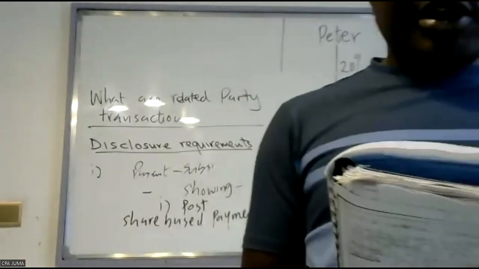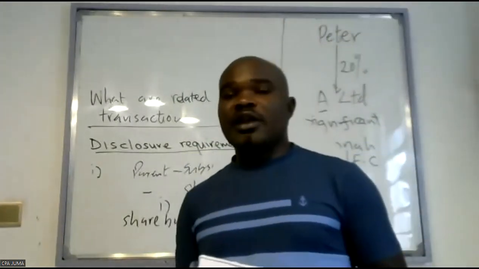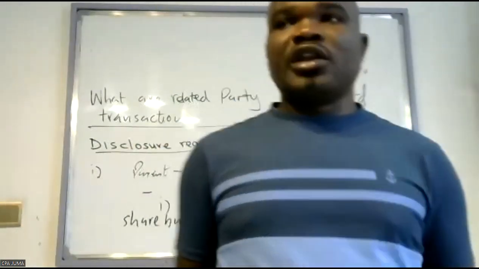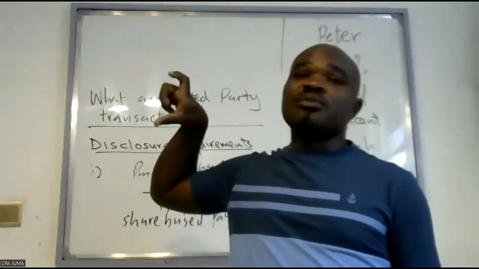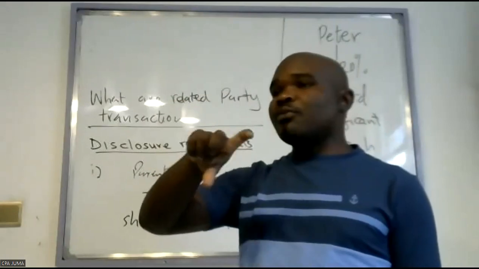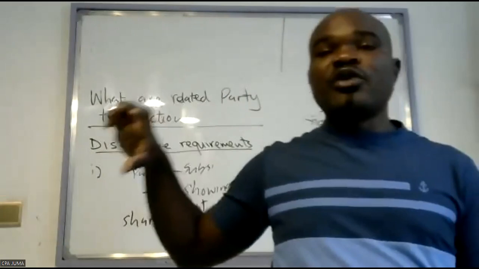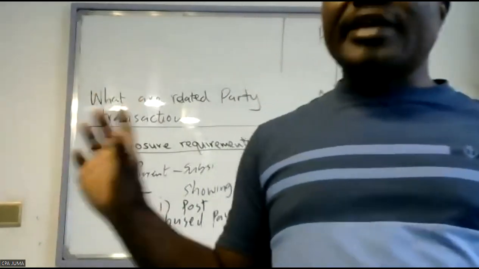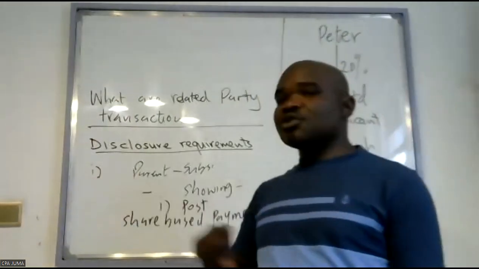And finally, number 3, related party transactions. Remember, number 1, you're supposed to tell us the relationship, maybe to who is the director. Number 2, what was the composition in that company, and tell us how they were remunerated, because they can exaggerate. Then number 3, tell us the transactions which transpired.